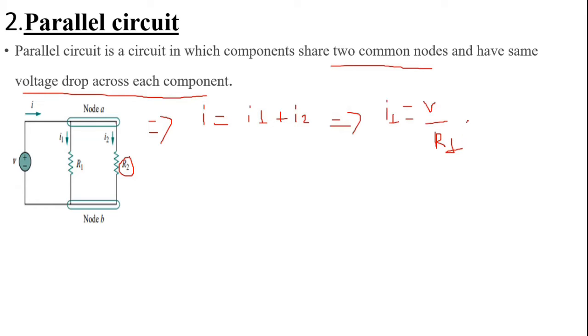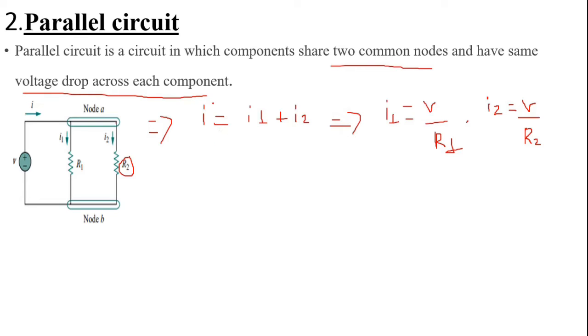And I2, the current flowing through the second resistance, is calculated the same way, V over R2. So now we have a formula for both currents I1 and I2.